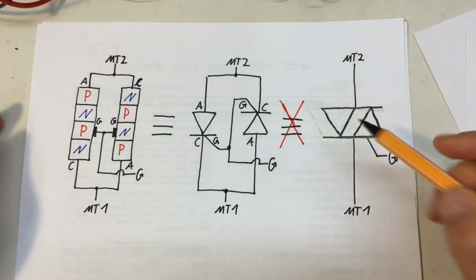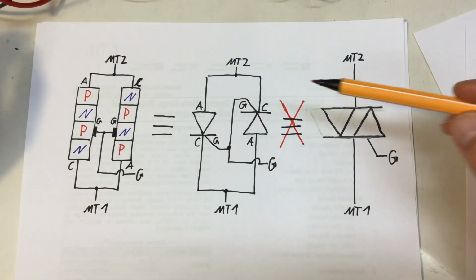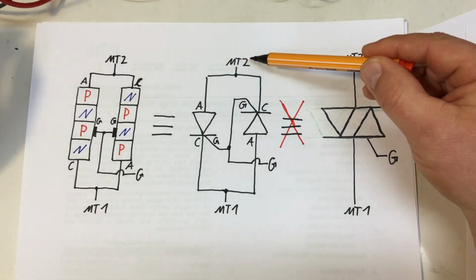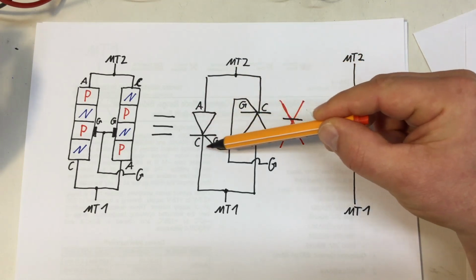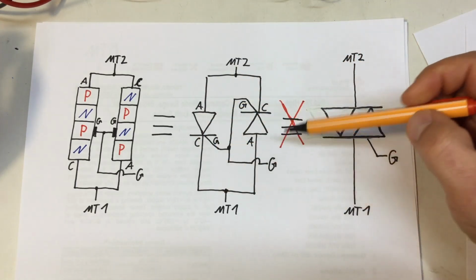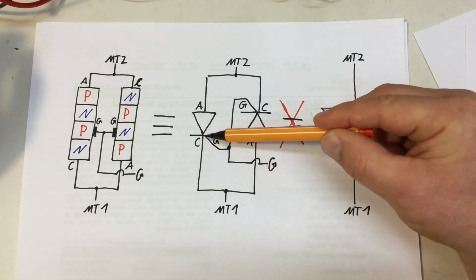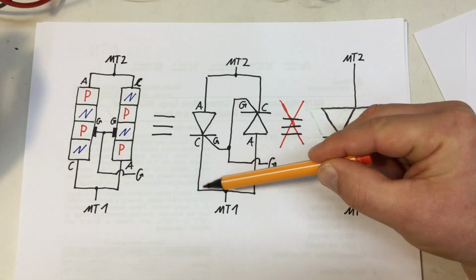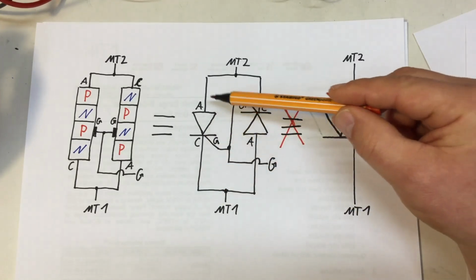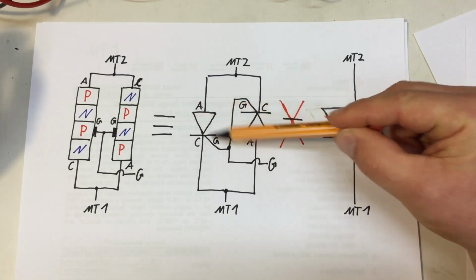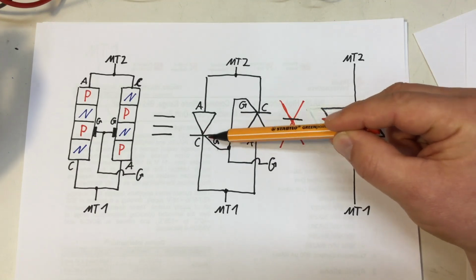Okay? If you look at that circuit here, if our main terminal 2 is positive, of course we have to trigger this SCR here. So we have to put a positive pulse into the gate. Yeah, running that way. You remember our little circuit. You cannot switch on an SCR with a negative pulse, pulling something out of the gate.